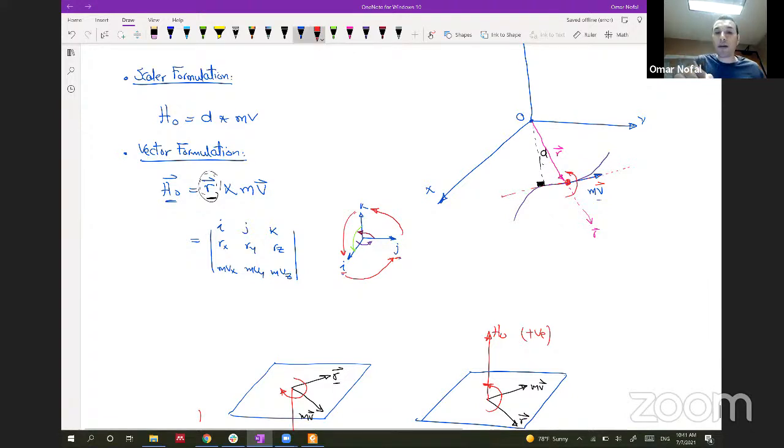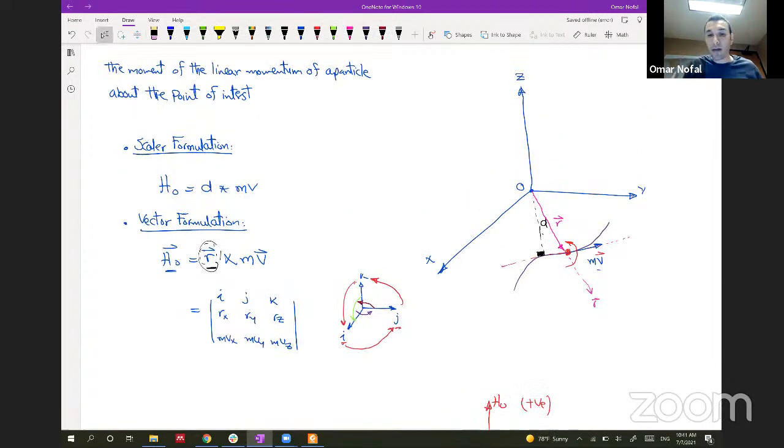So I will have my H_O going like this, because I'm curling like this. The H_O is perpendicular to R and mV and is going this way.